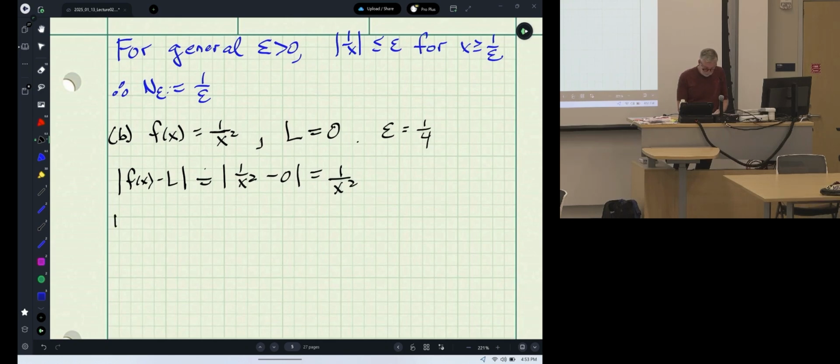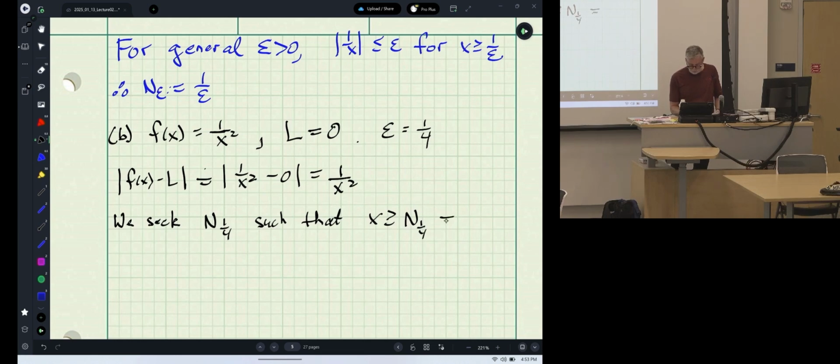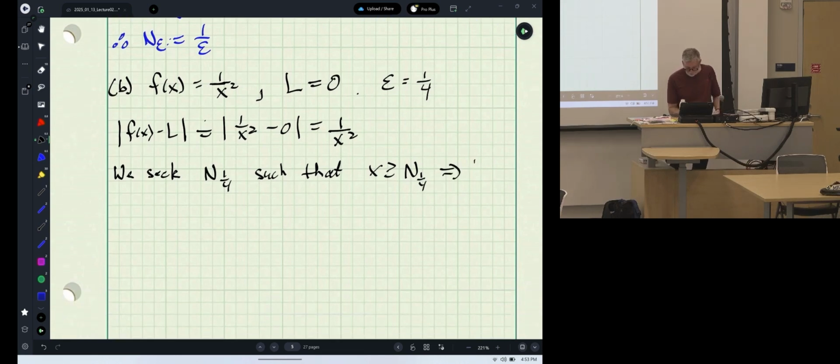Then we seek our n sub epsilon, n sub 1/4, such that x bigger than or equal to whatever this number is implies 1 over x squared is less than or equal to a quarter.